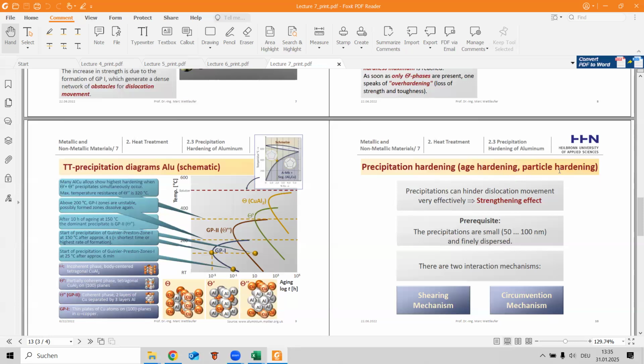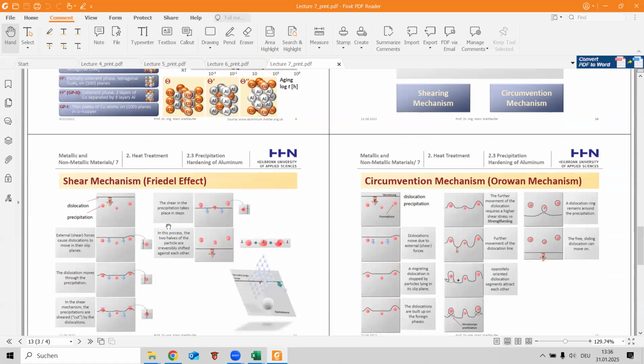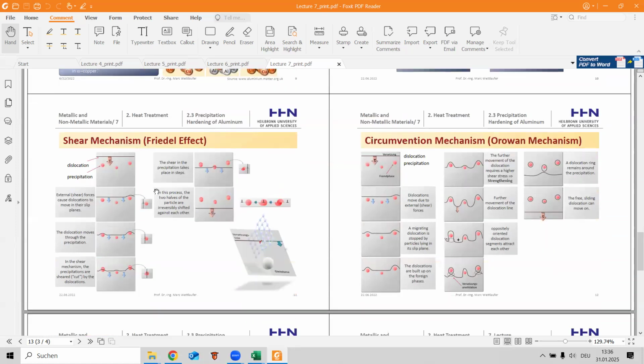Precipitation hardening, age hardening, particle hardening. Precipitation can hinder dislocation movement, a very effective strengthening effect. Resting size, the precipitations are small, from 50 to 100 nanometers and finely dispersed. There are two interaction mechanisms, shearing mechanism and circumvention mechanism. So shear mechanism, a dislocation is forced towards a precipitation.